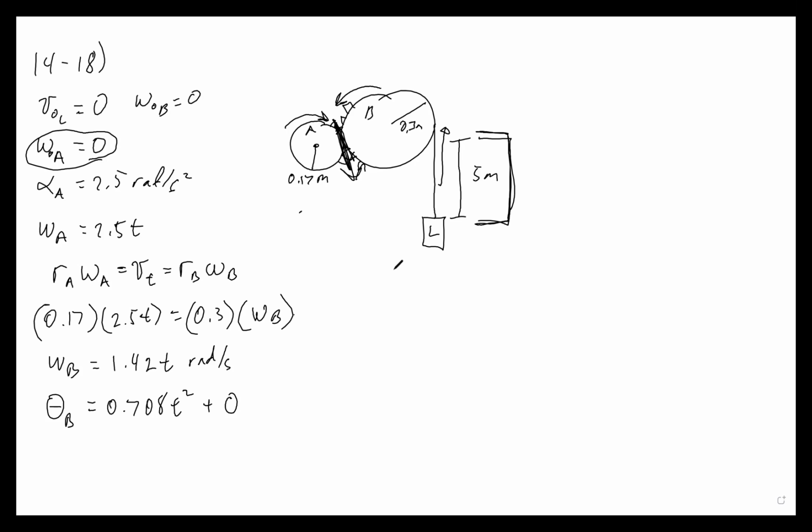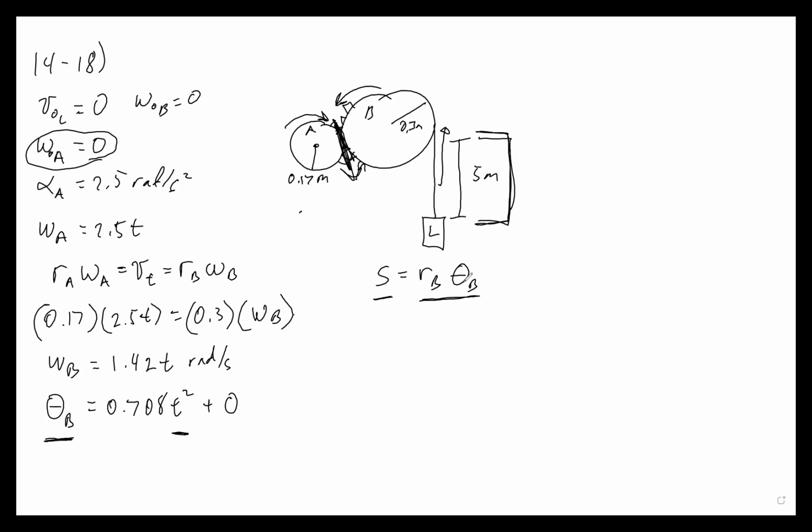The relationship for finding a linear change in distance, the book likes to use S, is going to be the radius of B times the angular position of B. The 5-meter change is related to the gear moving angularly, which is going to be 0.3 times whatever its angular position happens to be, just like I had said before.